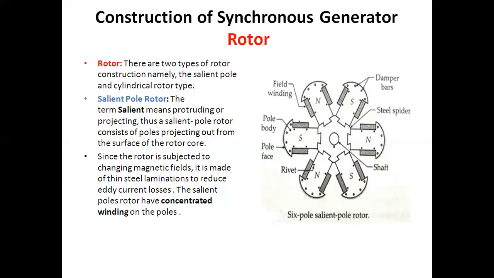Salient means projecting. Thus, a salient pole rotor consists of pole projections out from the surface of the rotor core.